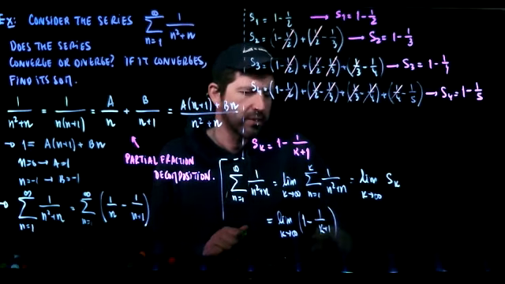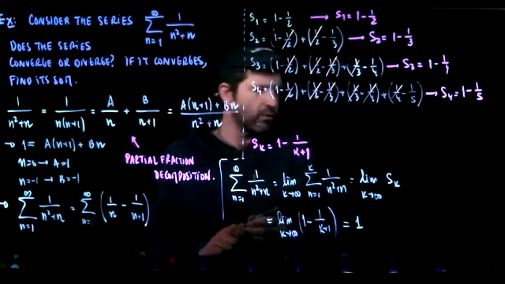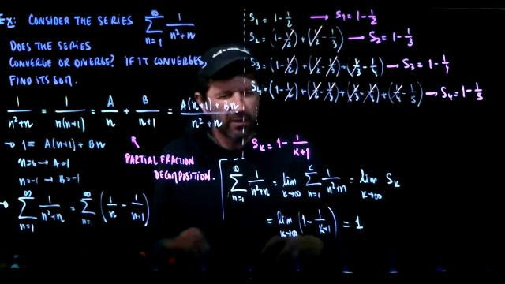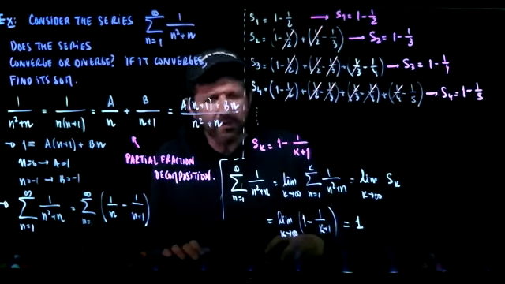And of course, 1 over infinity is 0, and so I get 1 minus 0 is 1. Same answer as before, which pretty much confirms that I'm on the right track here.